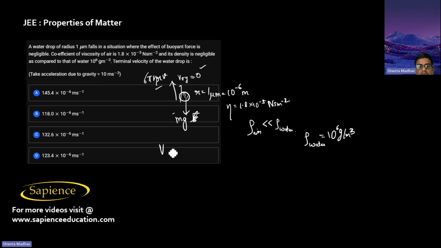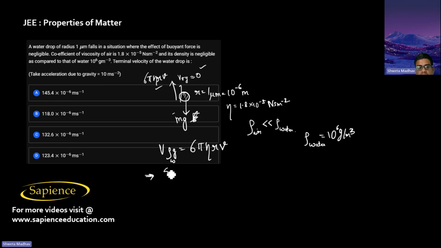Means V rho g, volume into density of water into g, which is the mg only, is equal to 6 pi eta rv.